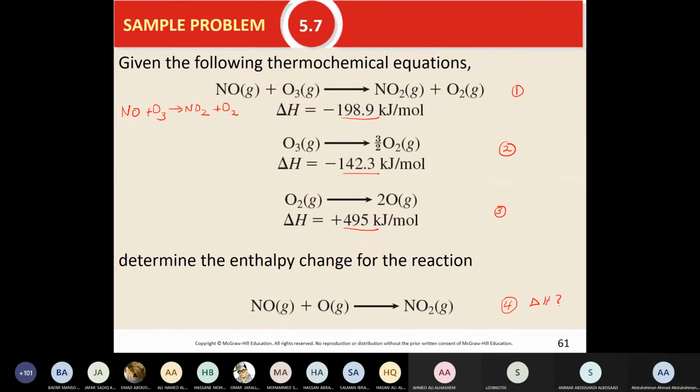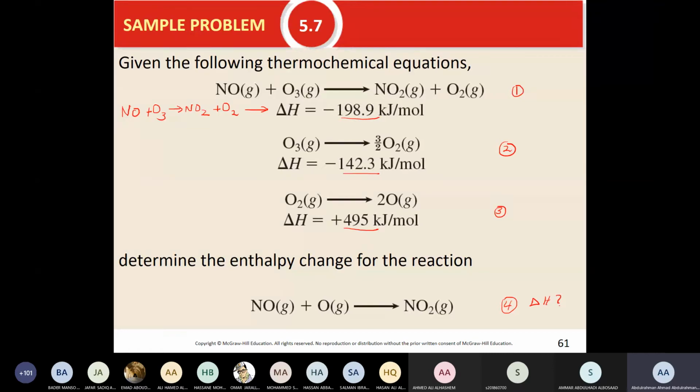Then I will take the third reaction and reverse it. If I reverse it, what will happen? The sign of enthalpy will change. Exactly the sign. So for this one, delta H is exactly the same, no change at all, because I wrote it as it is for the first one.